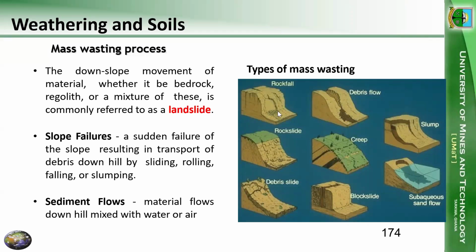We have a rock fall, we have debris flow. This is what we mean by debris flow. We have slumping, we can have creep, gradual deformation, rock slide, debris slide, or these huge chunks of blocks could also collapse, and we call that block slide. And we could equally have subaqueous sand flow, involving some kind of water.